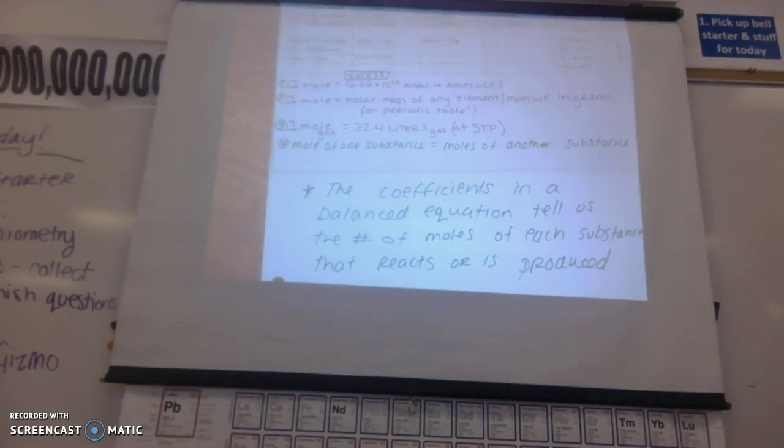So that is how you can go from moles of one substance to moles of another substance. You are always going to need to use this fourth one when you have a target and a given that are not talking about the same element or same compound, when the target and the given don't match types of substance.